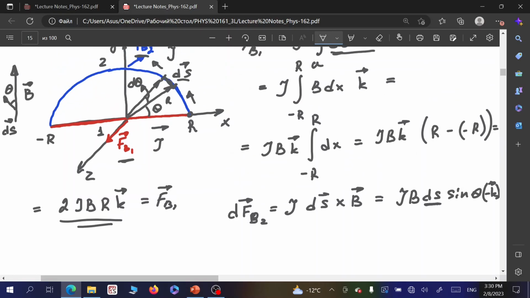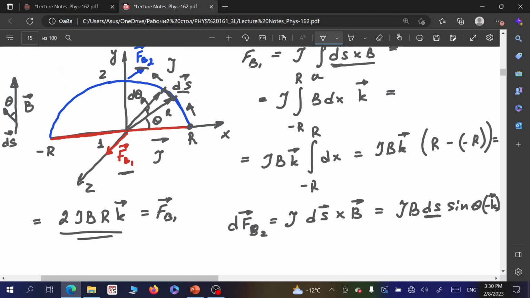Do you recall how we relate the length of a segment of a circle with the angle of the position of the radius vector?